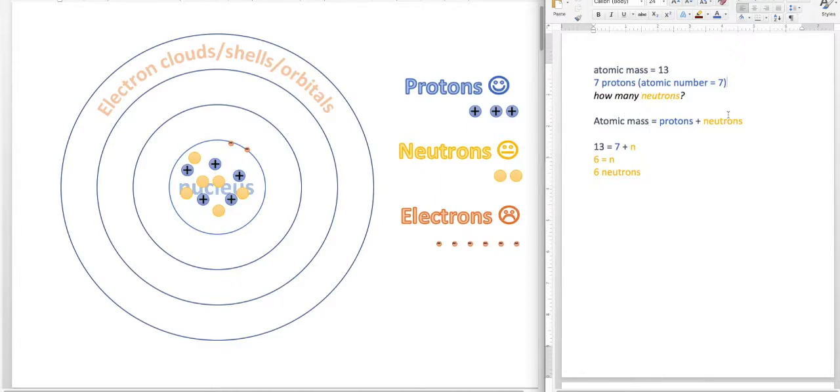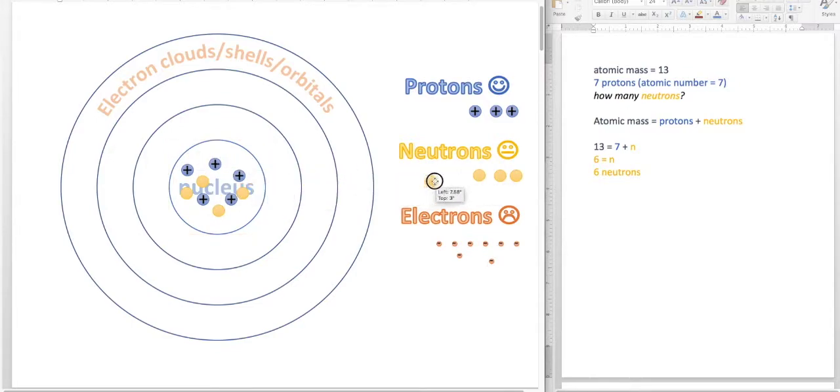You can still calculate that using the equation or by drawing out a model. So I'm going to take out the electrons because A, they don't tell us how many electrons there are in this particular problem, and also because, as I mentioned, the electrons don't matter if we're calculating atomic mass.